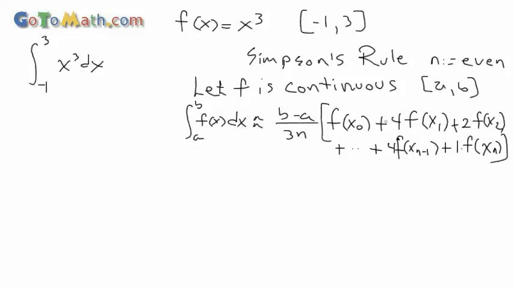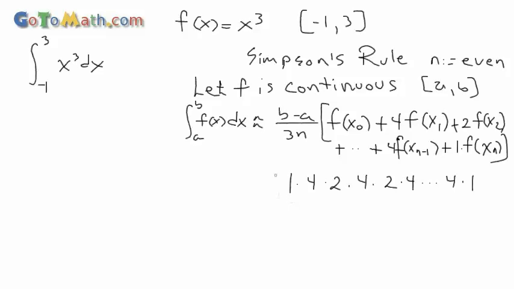So the pattern of the coefficients goes like this: 1, 4, 2, 4, 2, 4, dot dot dot. The one before the last one is a 4, and then a 1. So these are the coefficients. Now remember, n must be even.